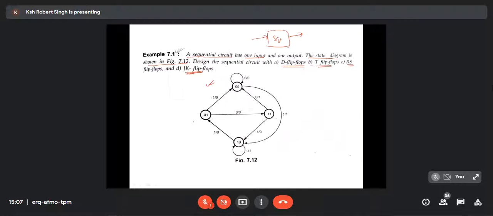I will ask something difficult where you need to reduce the states. This one has only 4 states, and we will see whether state reduction is possible or not. If not possible, then we'll go straight ahead. If you want to do it without reducing, no problem, because only two bits are required.